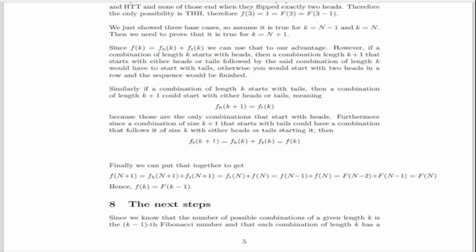Then we can make another substitution for f sub t to get f of n minus 1 plus f of n, which we know from the assumption for f of n minus 1 and f of n, we get capital F of n minus 2 and capital F of n minus 1, which overall we get capital F of n.